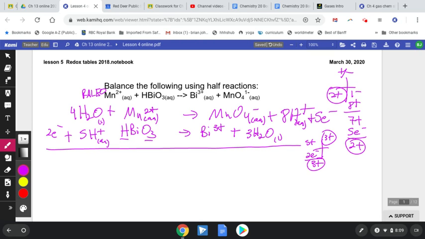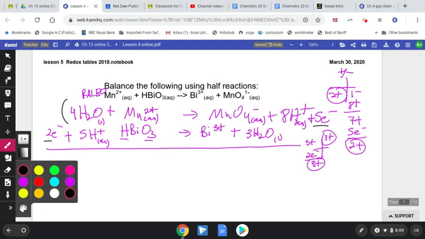Now I'm going to add them together to get my net reaction. Before I do that, I've got to balance my electrons. 5 lost, 2 gained. Common multiple would be 10, so I'm going to multiply everything in the top one by 2 and everything in the bottom by 5.